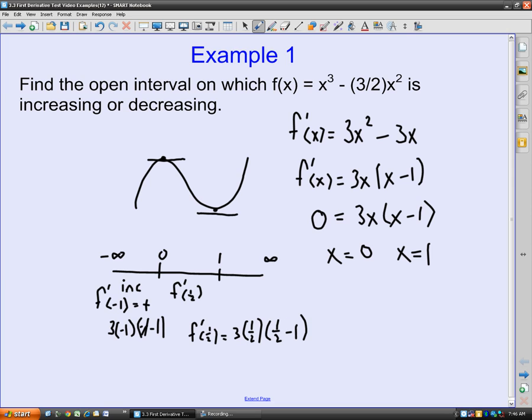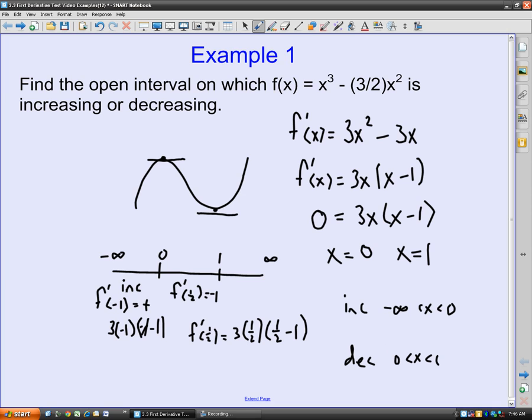In this case, you can see that I'm going to get a negative number, negative a half, and if I multiply all this out, it's a negative number. So right now, my increasing interval is negative infinity less than x less than 0, and my decreasing interval is between 0 and 1.